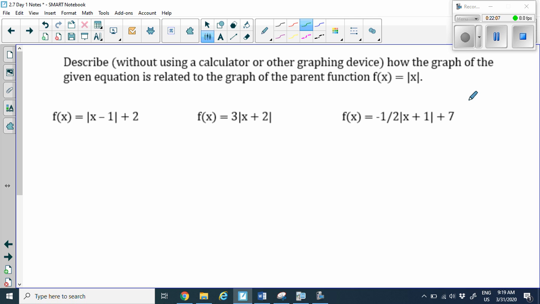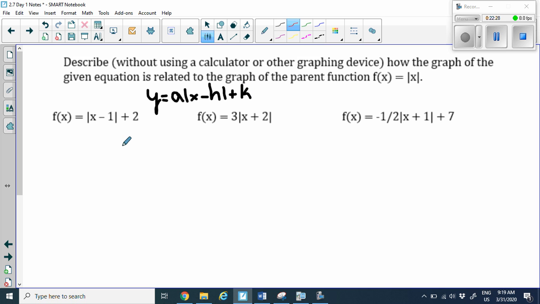Okay, so hopefully you paused the video and you tried these out. I'm going to rewrite once again our general absolute value equation. So remember, it's a times the absolute value of x minus h plus k.